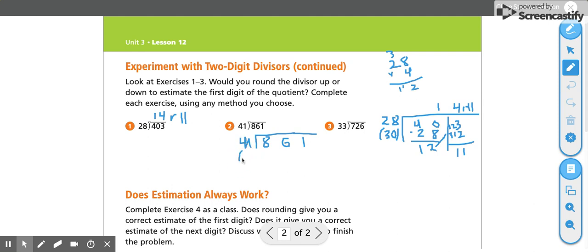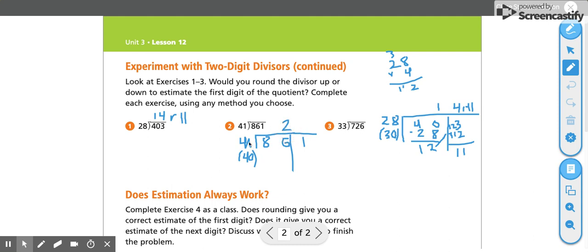Well, I could round that to 40. It's really close, and it's a lot easier to divide by 40. And then I go ahead and jump over, and I'm going to think, okay, I know right away that 40 doesn't go into 8. So I'm not going to draw my line until after the 86 here. All right, so 40 into 86. Well, 40, 80, it only goes in 2 times.